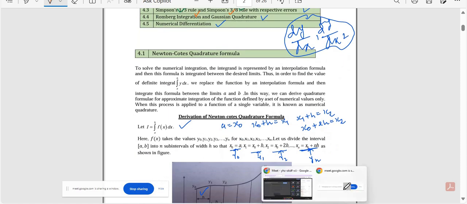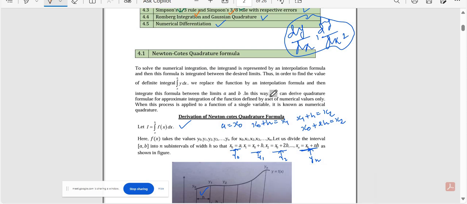Trapezoidal rule: h by 2 times y0 plus yn, plus 2 multiplied by all the intermediate values from y1 to yn minus 1. Very good. That is the very simple rule for integration. Simpson 1 by 3 starts with h by 3, and Simpson 3 by 8 starts with 3h by 8.